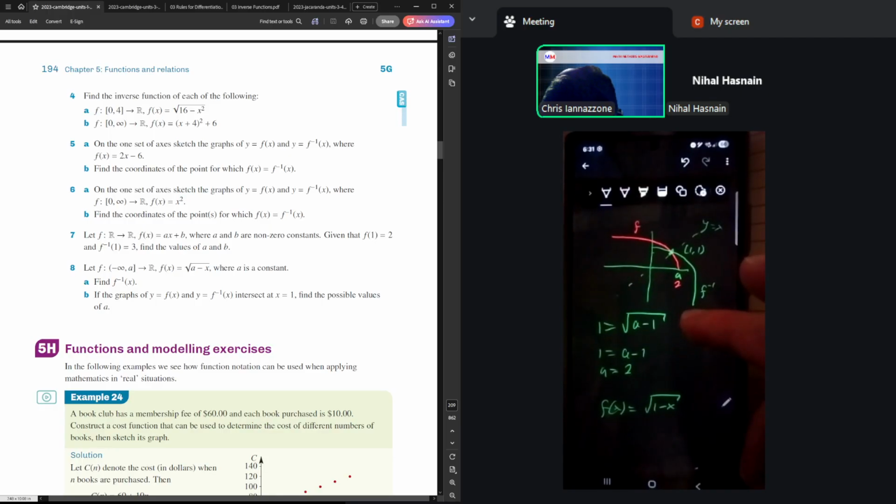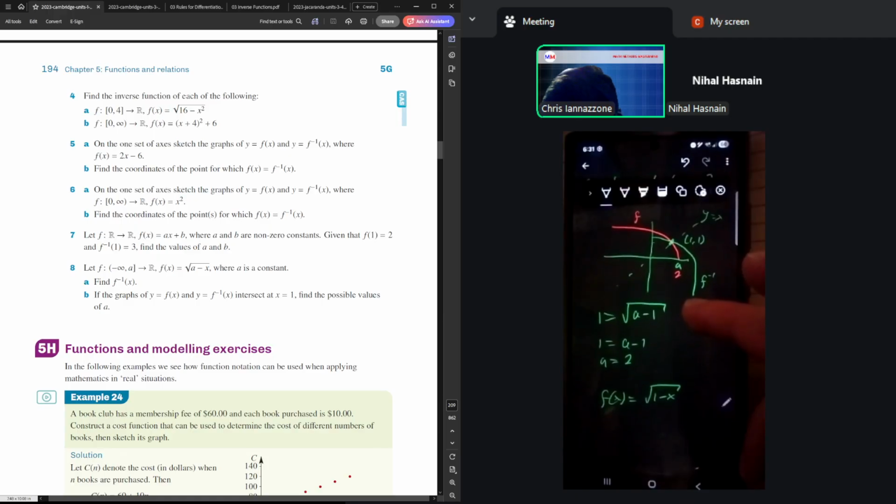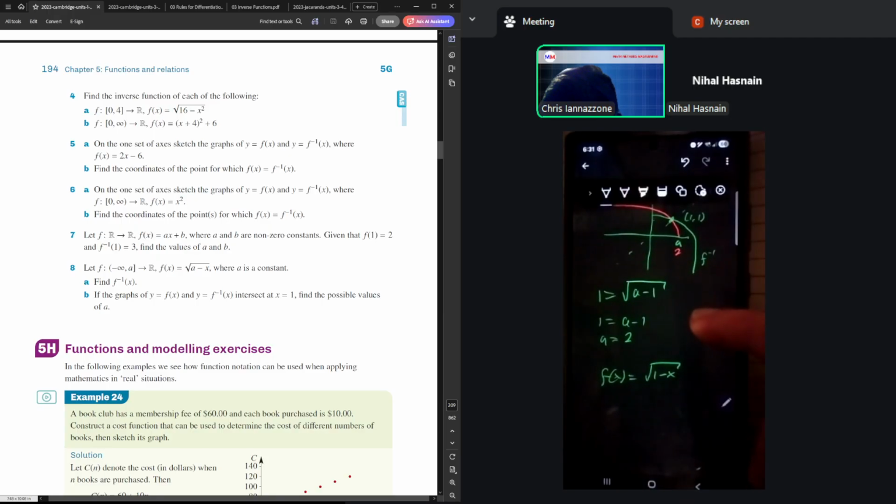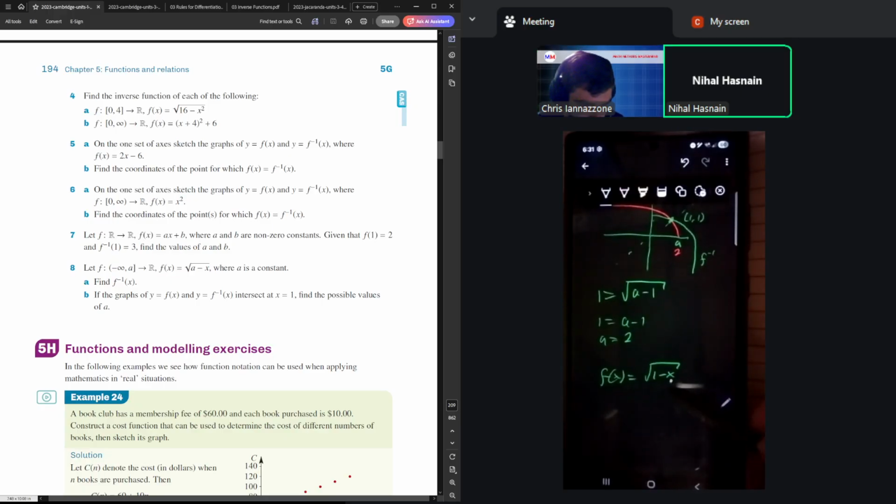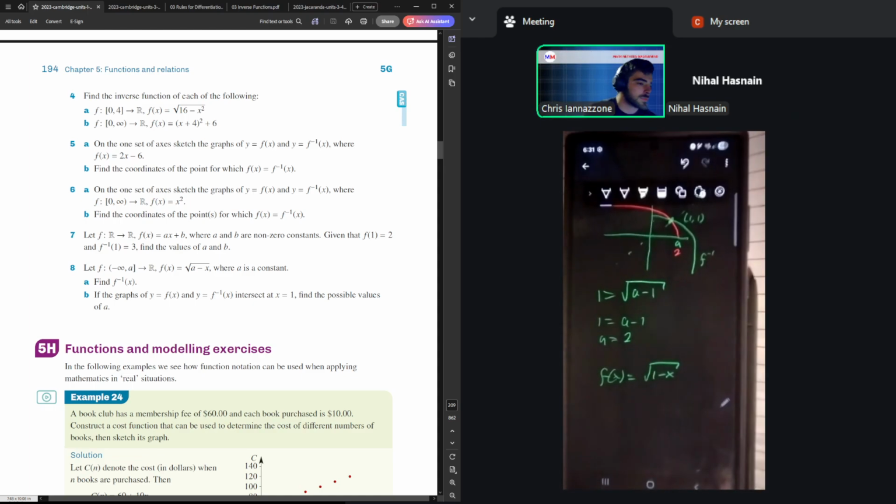Does the point 1, 1 exist on this? The point 1, 1 can't exist on this. So why are they saying that a equals 1 can work? You shove in x equals y and you get y equals 0. I think they've actually stuffed up.